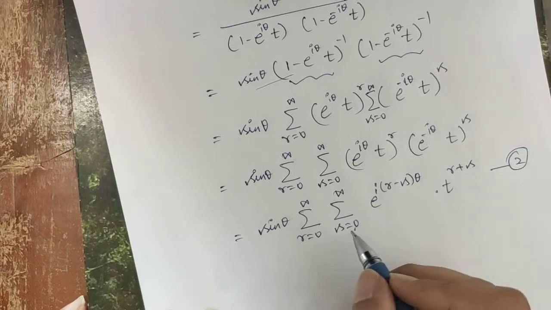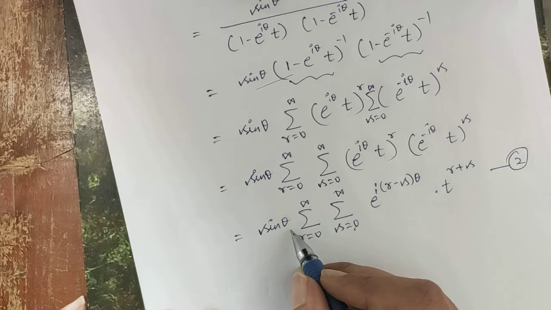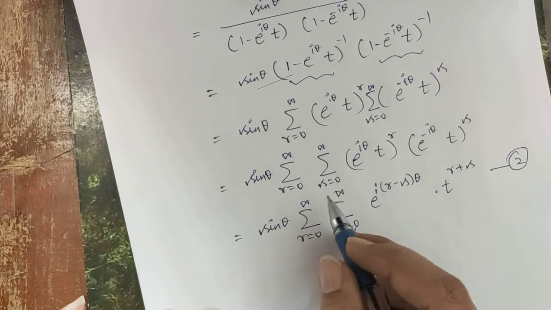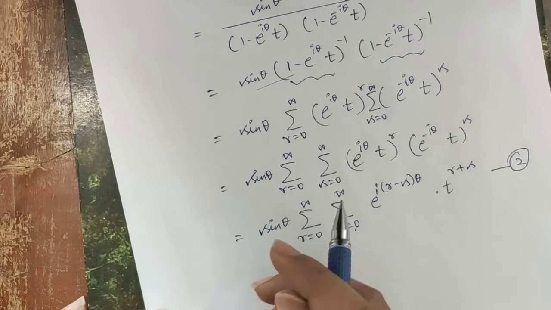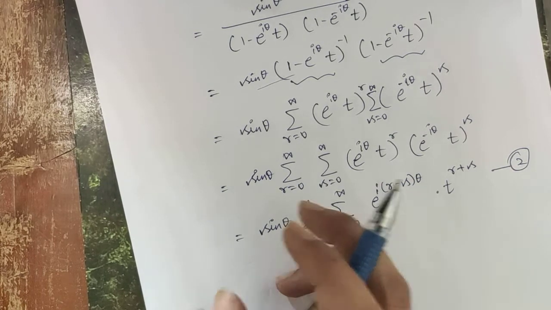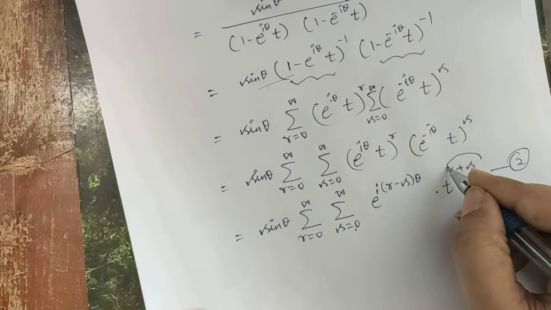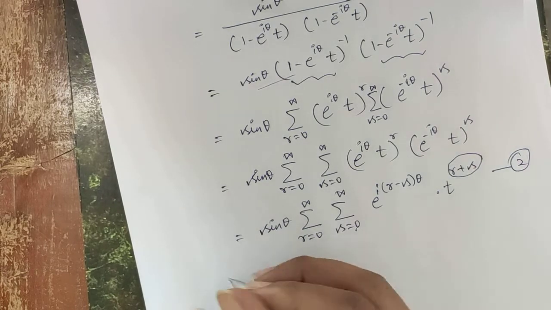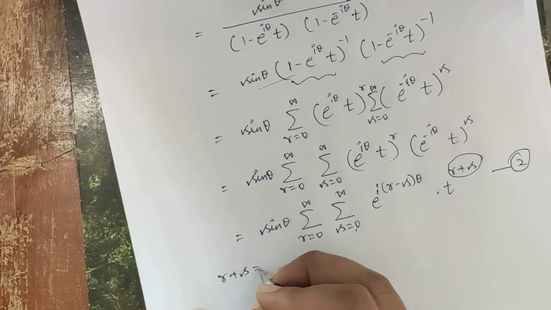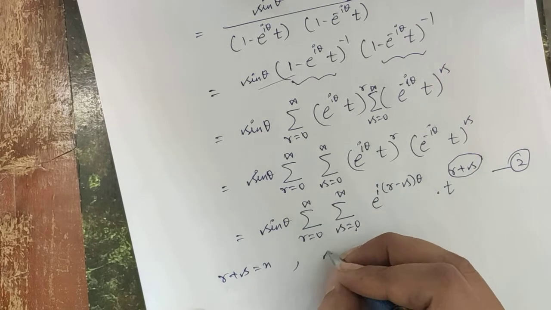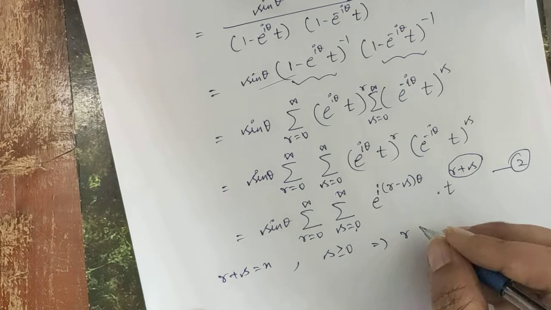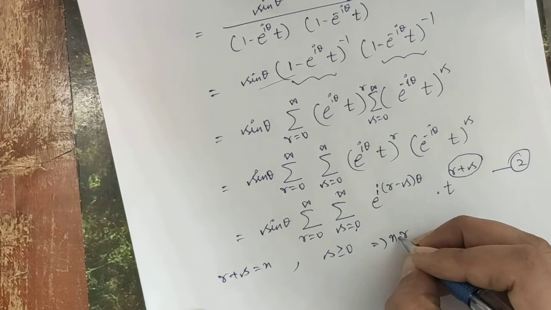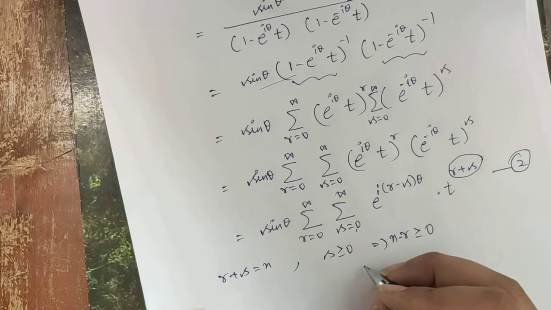So now I have to fix r and I should vary the rest, right? So before that let us consider the coefficient of t power n. For that I will consider r plus s is equal to n. For s greater than or equal to 0 we have n minus r is greater than or equal to 0.